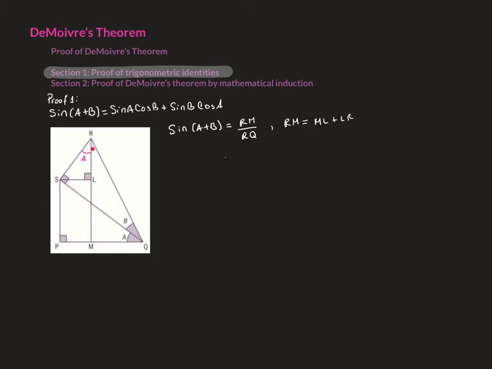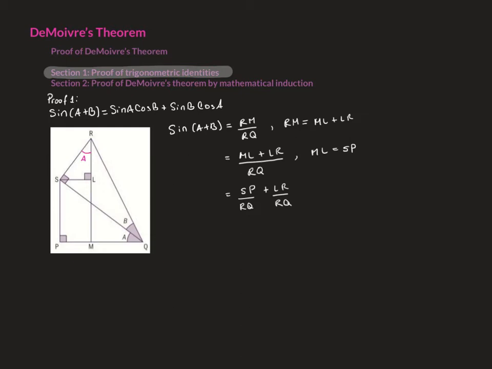So I'm going to substitute that into the sine: ML plus LR divided by RQ. Now I also know that ML is equal to SP. So I'm going to substitute that as well: SP plus LR over RQ, but I'm going to distribute that RQ.